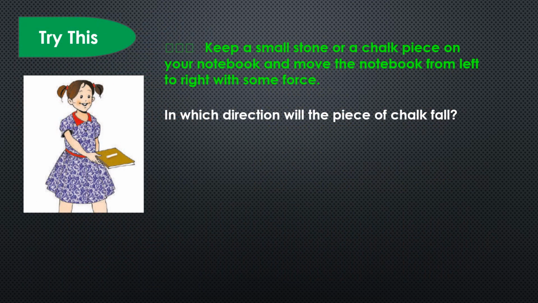Now, if we keep a small stone or a piece of chalk on a notebook and we move or tilt the notebook from the left side to the right, in which direction would the piece of chalk fall? Yes, it is obvious that the chalk will fall to the right side.